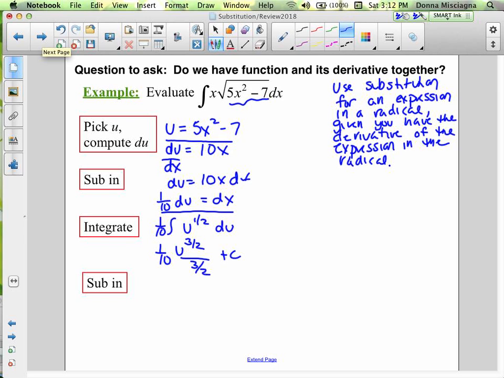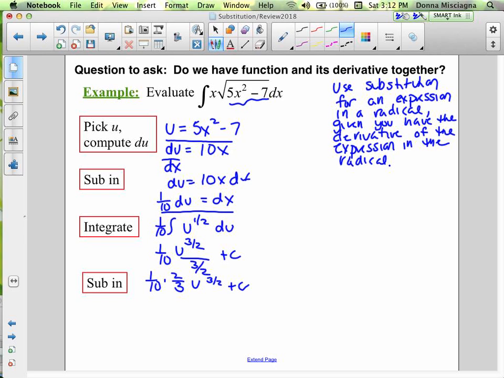All right, so now let's simplify that. That would be the same as 1/10. Dividing by 3/2 is the same as multiplying by 2/3. And then we can replace the u with the square root, just the 5x squared minus 7. If you want, I'll simplify first and then I'll replace it.